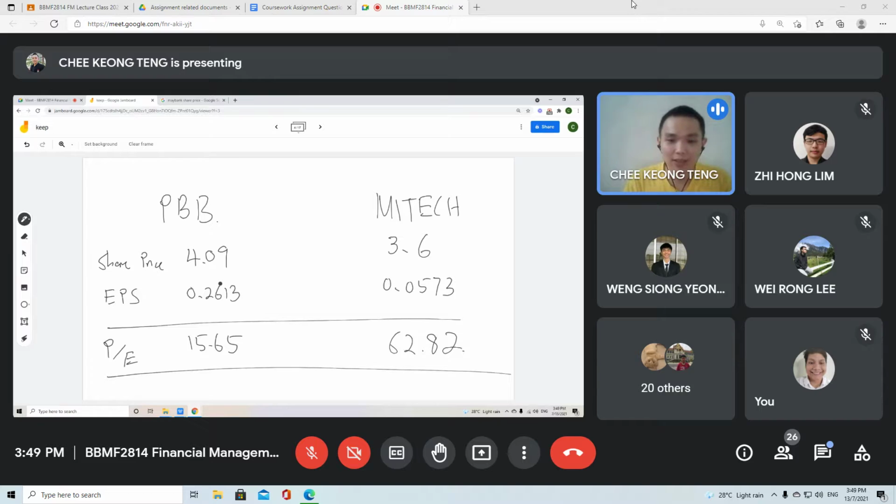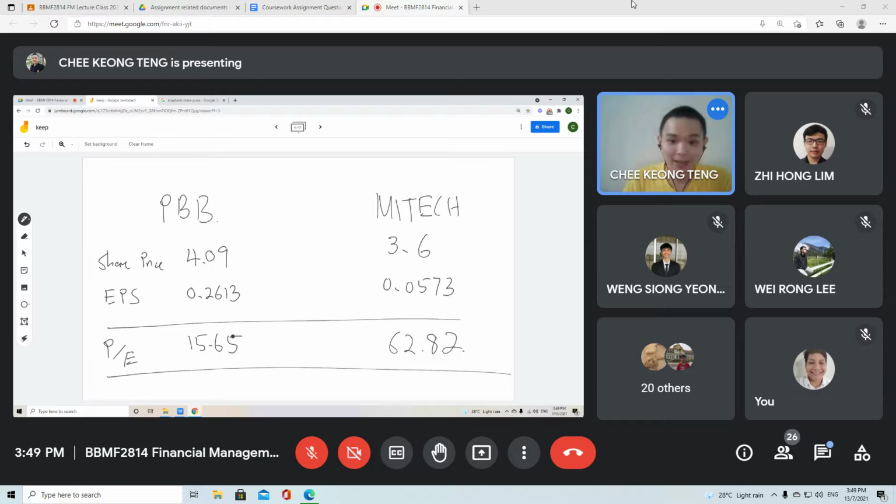So if you divide this by this, it is about 15.65 times, which means if in the future Public Bank continues to earn this kind of money, 15 years later you will get back all your money, 4.09, and after that will be all pure earnings. Can you understand what I'm trying to tell? If you buy the share today, you pay 4.09, 4 ringgit today. Every year, Public Bank can earn you 26 cents. So it takes you about 15, 16 years to get back all the money.